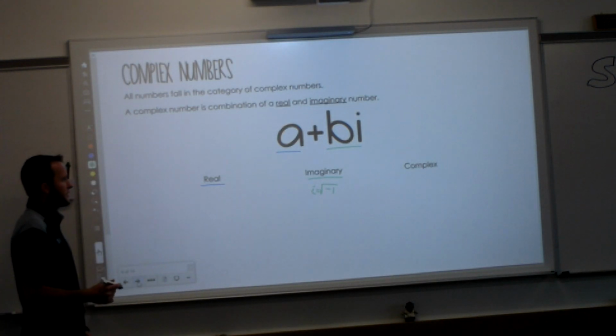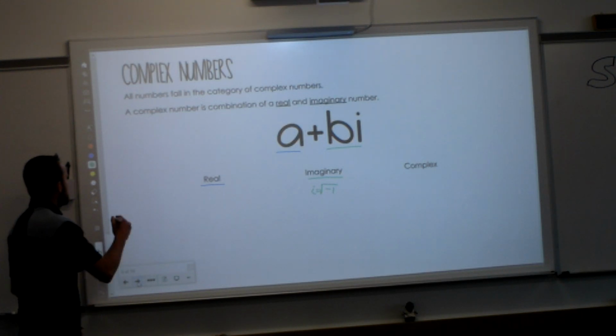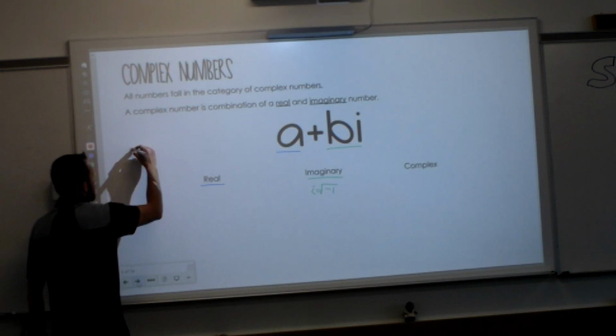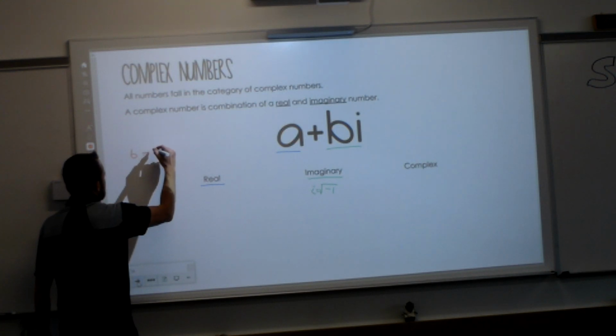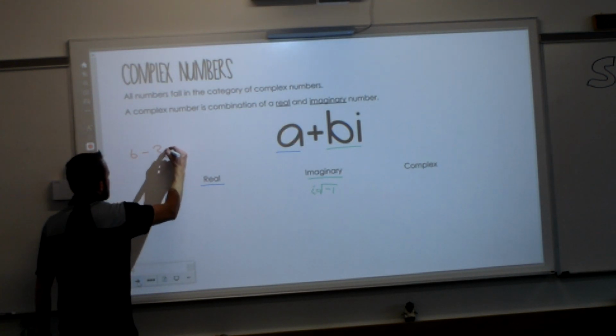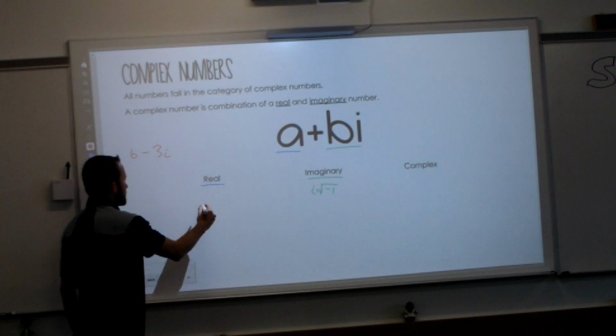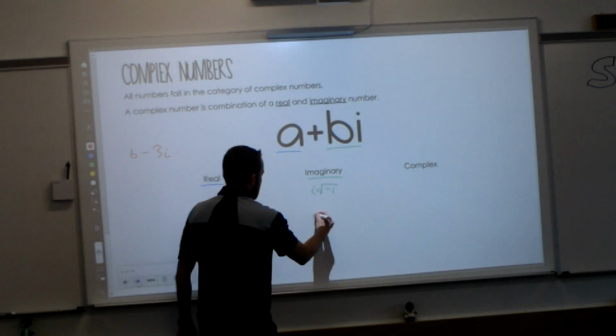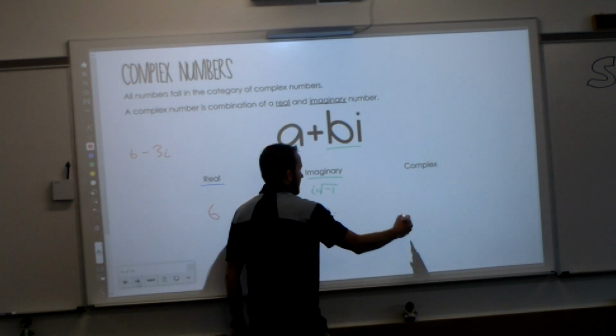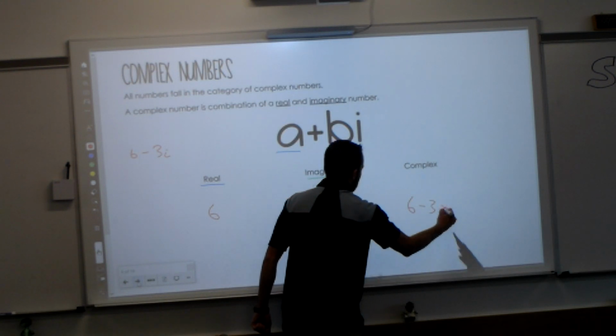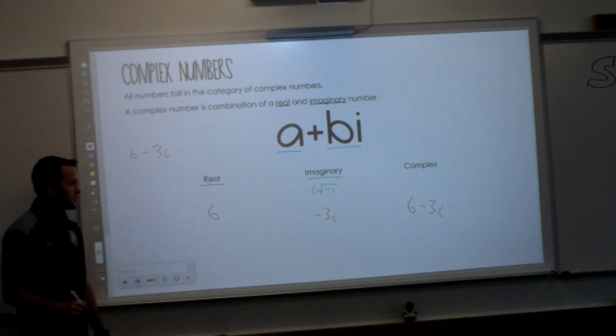It's not a real number. When we put those together, it gives us a complex number. So for example, if I looked at the number 6 minus 3i, the 6 is the real part, the -3i is the imaginary part, and when we put it together, we get 6 minus 3i.